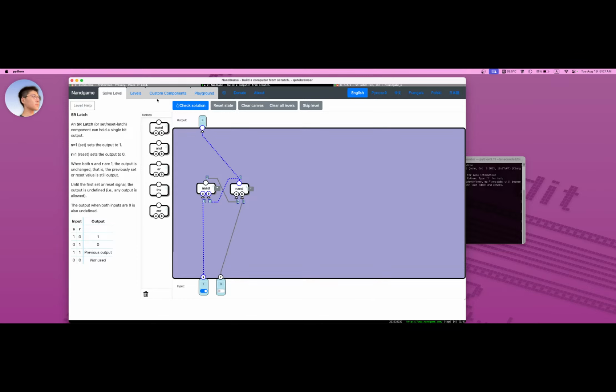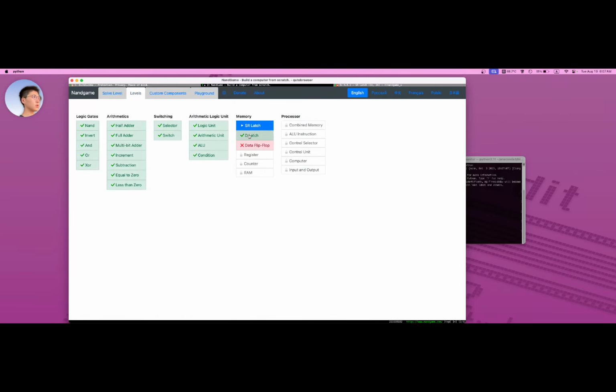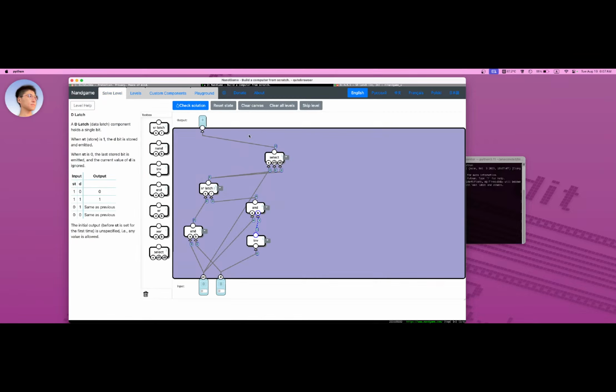So after this, the next component was the D latch. It also holds a single bit, but it depends on this st value. If st is 1 and d is 1, output should be 1. If st is 0, whether d is 1 or 0 doesn't matter, it should return the previous value. If it is 1 and 0, it should return 0.